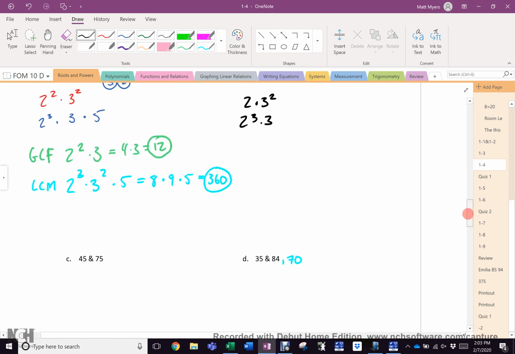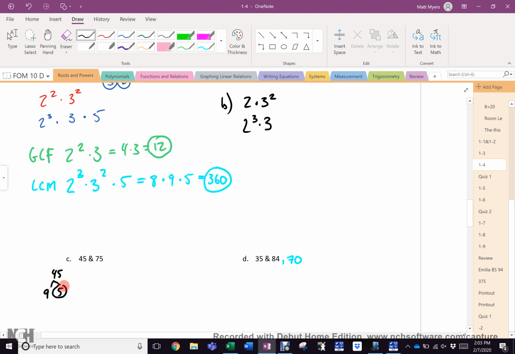There is B, the list, right? 2 times 3 squared, 2 cubed times 3. 45 and 75.